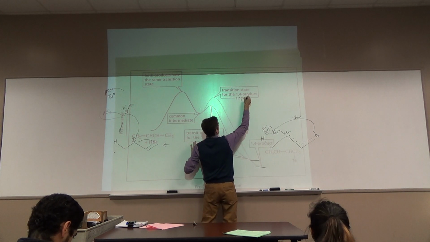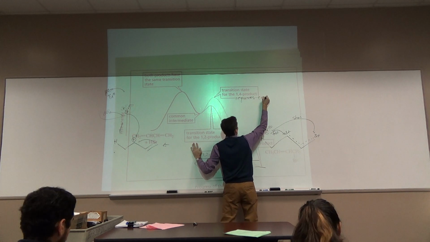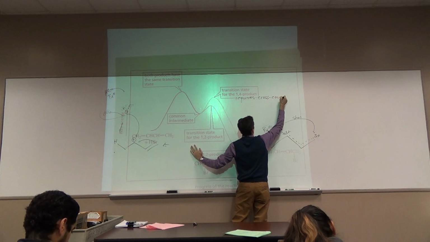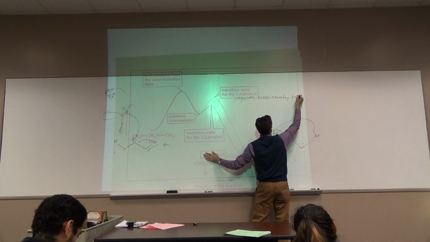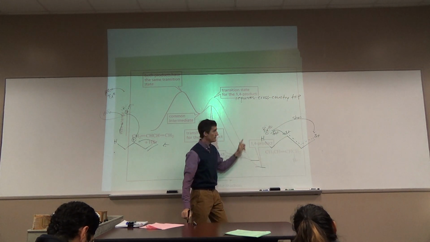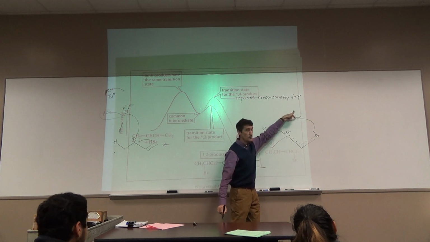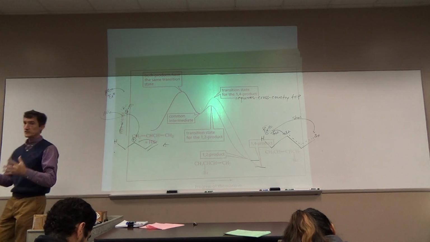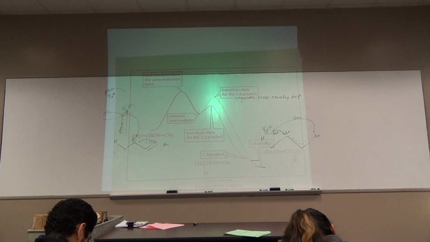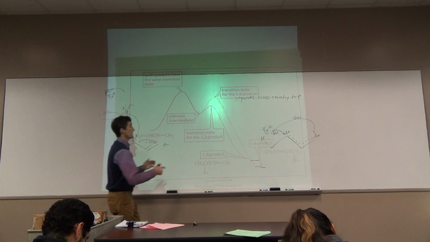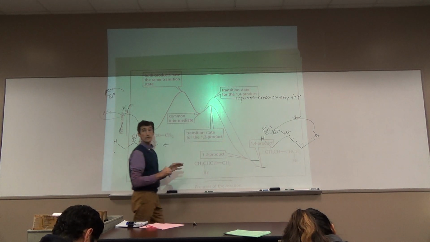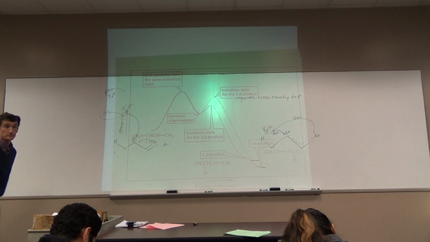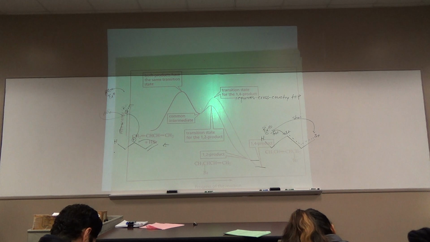It requires a cross-country trip. That is, this bromine has to go way over there. And that's a lot of energy that goes into that step. Thus it requires more energy, it consumes more energy for that cross-country trip.